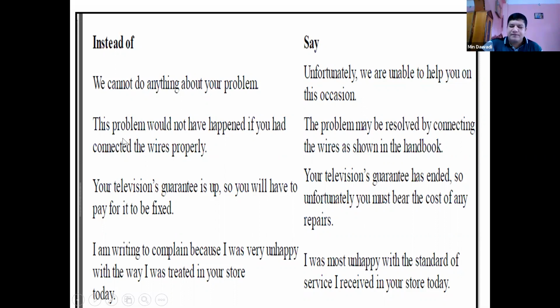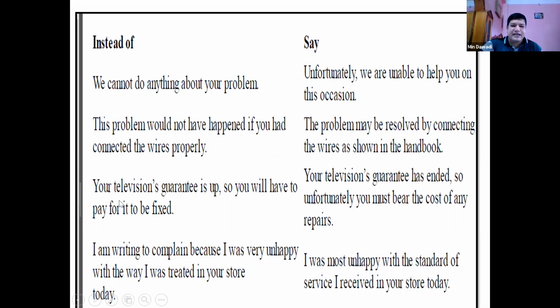Instead of saying this, you can say the problem may be resolved by connecting the wires as shown in the handbook. What I said just now applies here. This problem would not have happened is negative. You have to say it may be resolved.